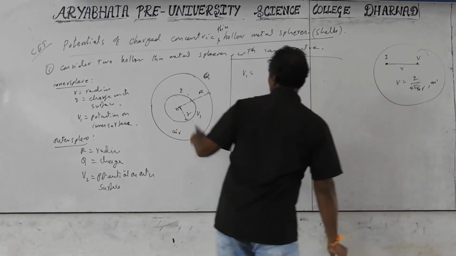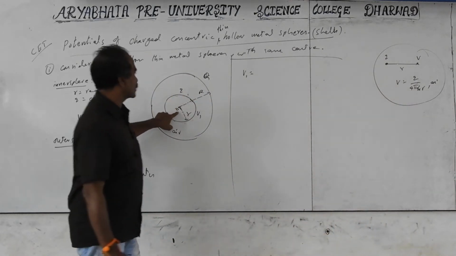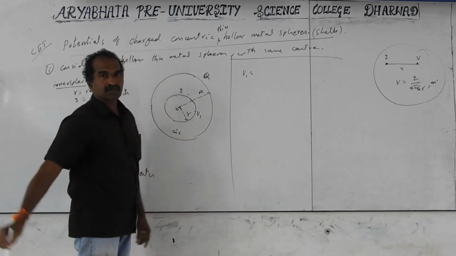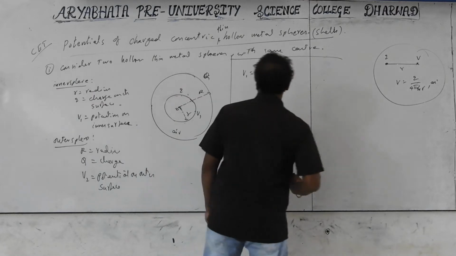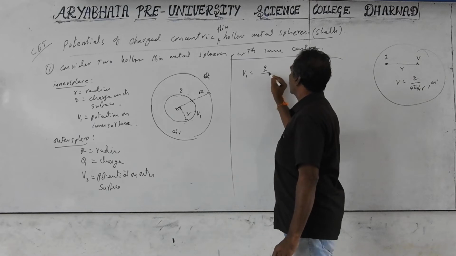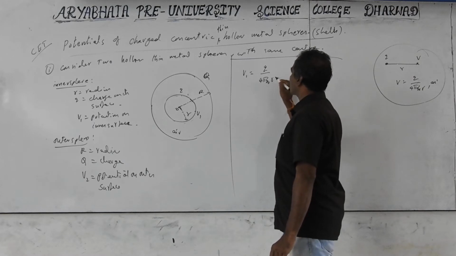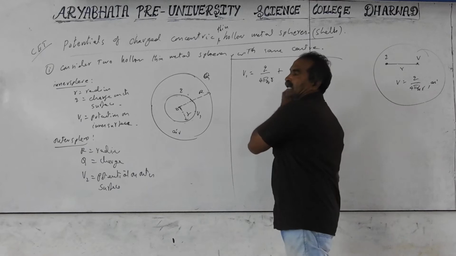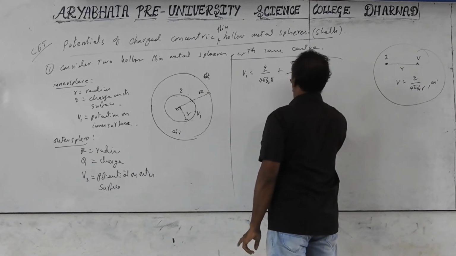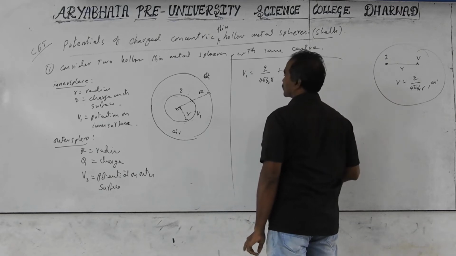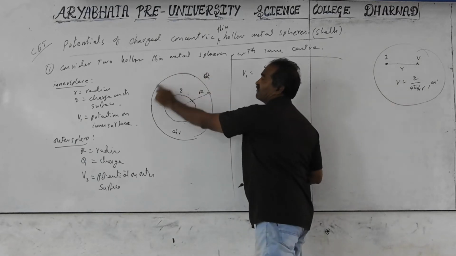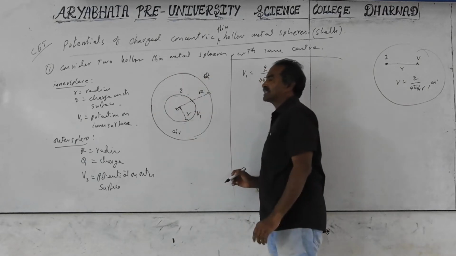Here also, when I look at the sphere, the charge is at the center. So V1 in this case is not only because of small q, it is also because of the outer sphere charge. We find the potential of both spheres' charges. The total potential on the inner surface is V1 equals q by 4 pi epsilon naught into small r, plus, since potential is a scalar and is added, the outer sphere charge contribution Q by 4 pi epsilon naught into capital R. The potential because of the outer sphere is the same everywhere inside up to the surface. We already discussed this point before.